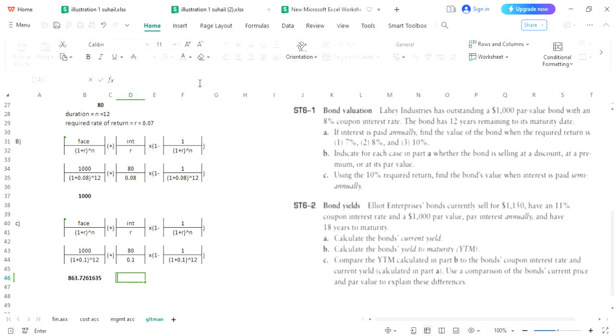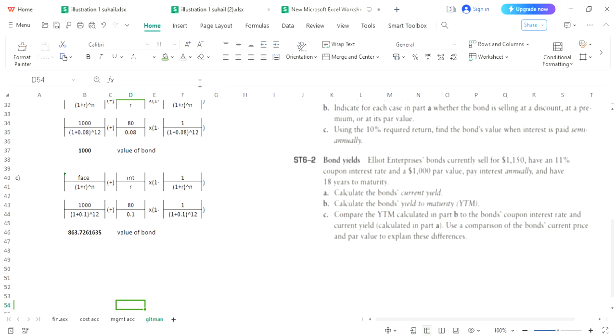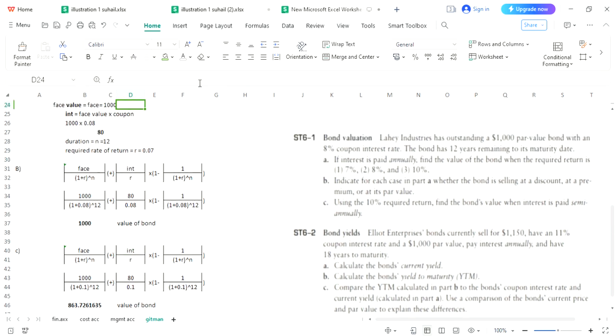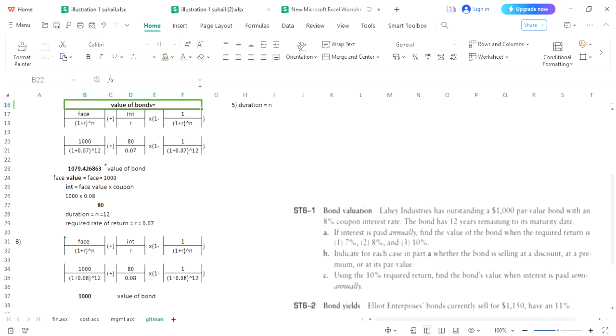Again for C part, this is the value of the bond, and this is also your value of bond for the second part, and above we have calculated the value for A part, which is 1079.